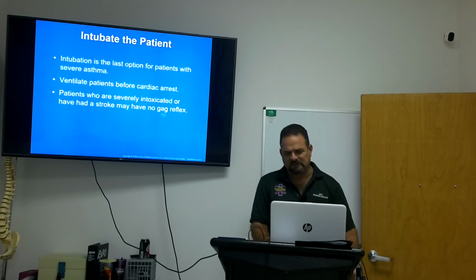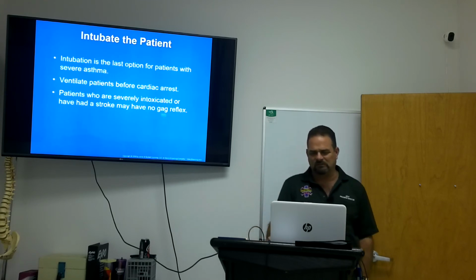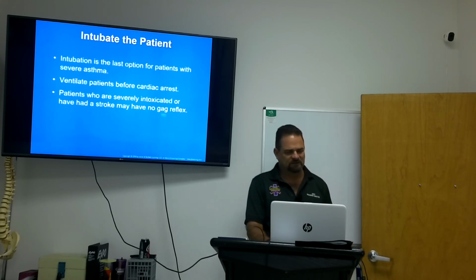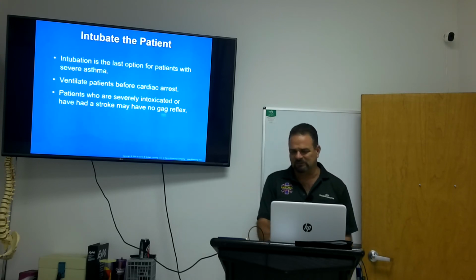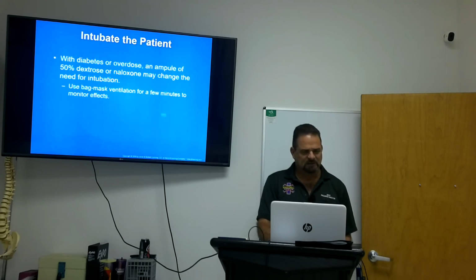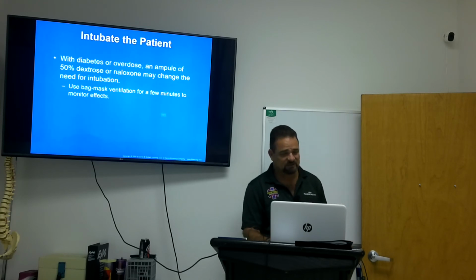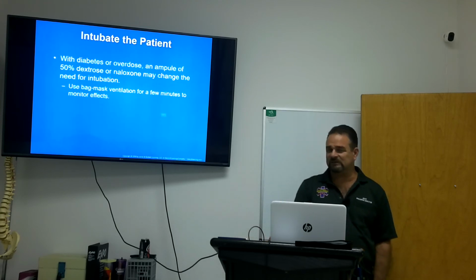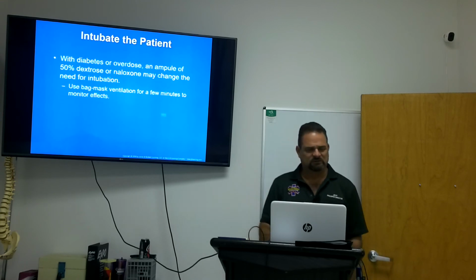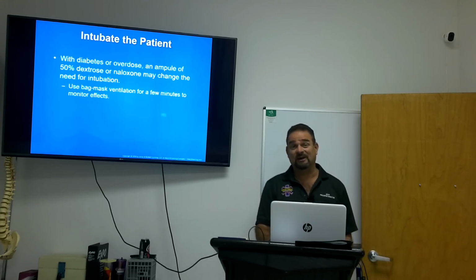Patients who are severely intoxicated or who've had a stroke may have little to no gag reflex, so consider intubating them to protect the airway even if the patient has adequate ventilation. In cases of diabetes or overdose, an ampule of 50% dextrose or naloxone may change the need for intubation, folks. So make sure we correct any underlying conditions before we go tubing our patients.